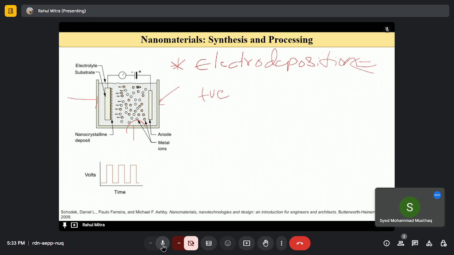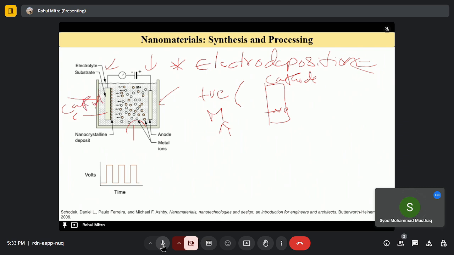Metals are mostly positive ions, with positive oxidation states, right? So if I want to deposit this metal, I have my negatively charged cathode, because this is the negative terminal and this is the positive terminal.